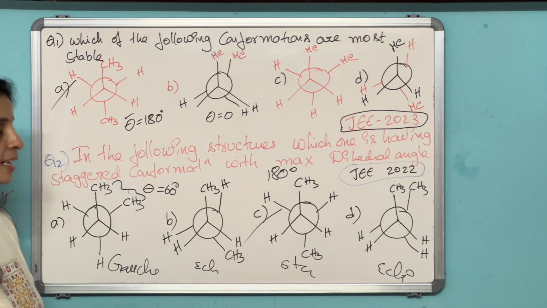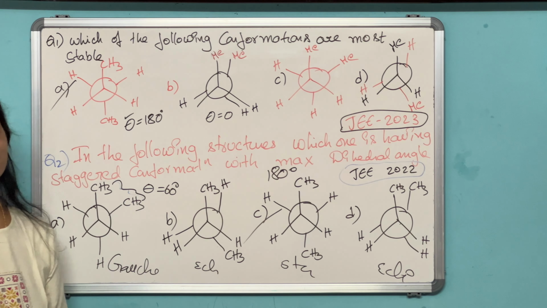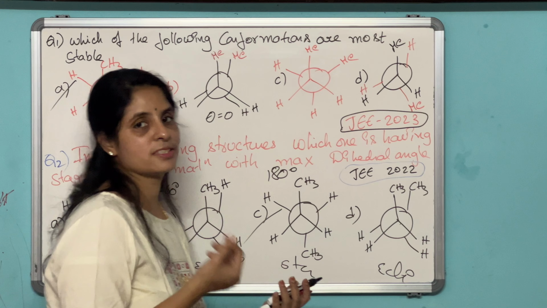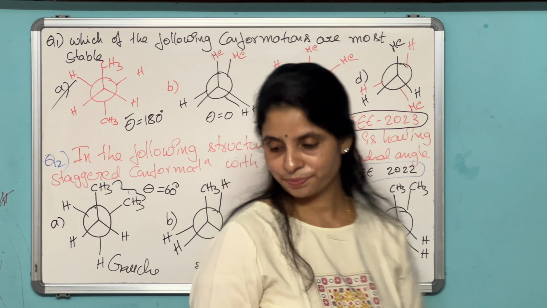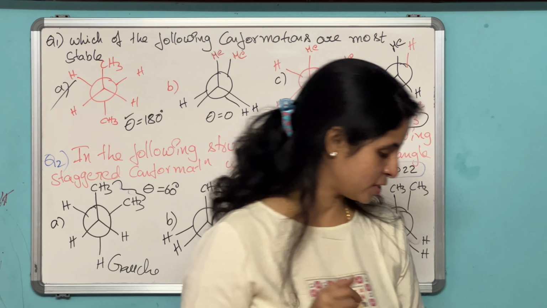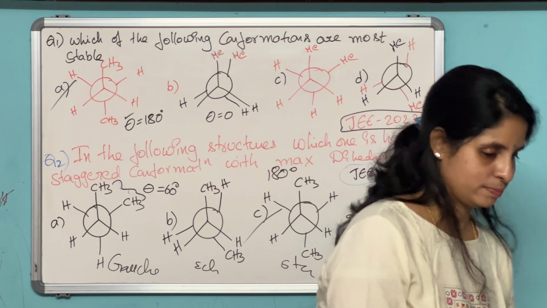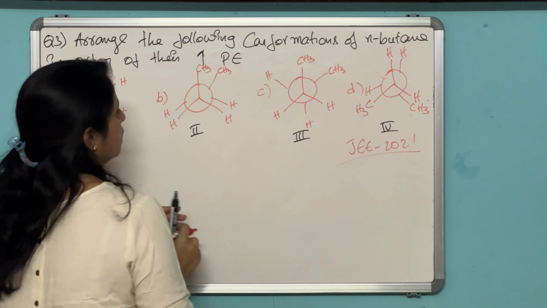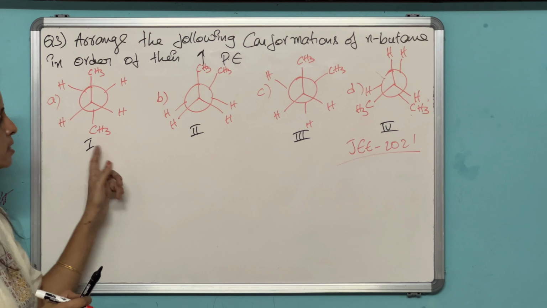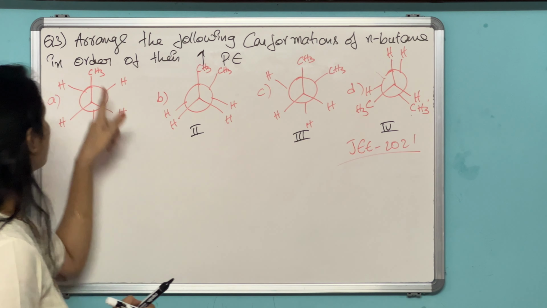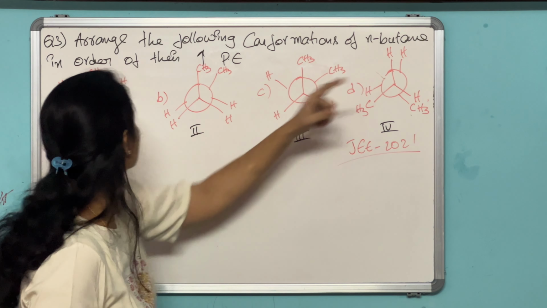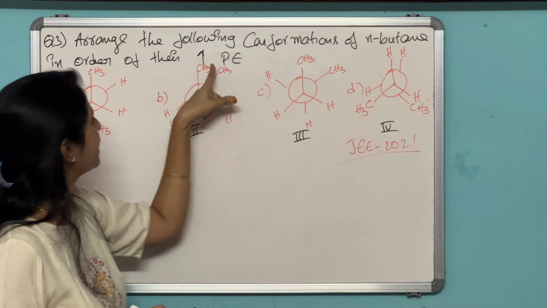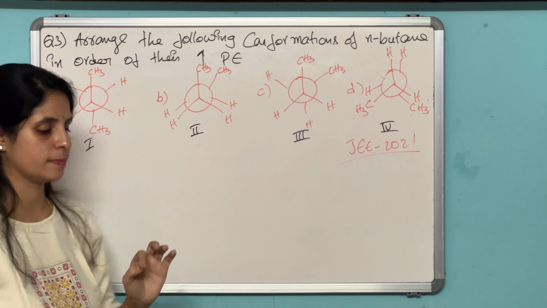Very easy, no? If you understand the concept, fatafat you can solve these questions. Next two more questions are there. Now the next question, this was asked in 2021. Arrange the following conformations of n-butane in order of their increasing potential energy.